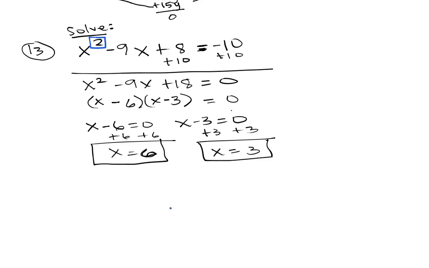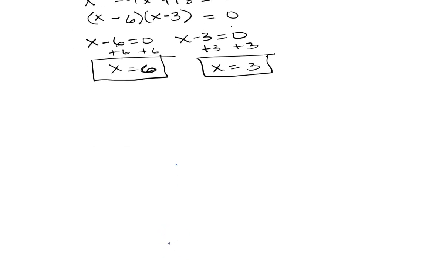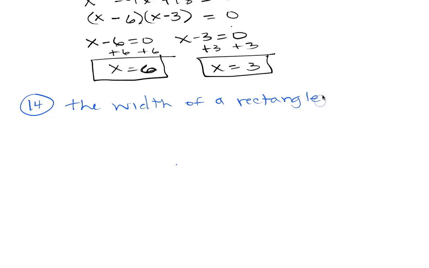All right, let's look at just one more problem, I think, with a little story problem here. Let's see if I can move this up. Okay, so this one says the width of a rectangle is 2 meters less than the length.